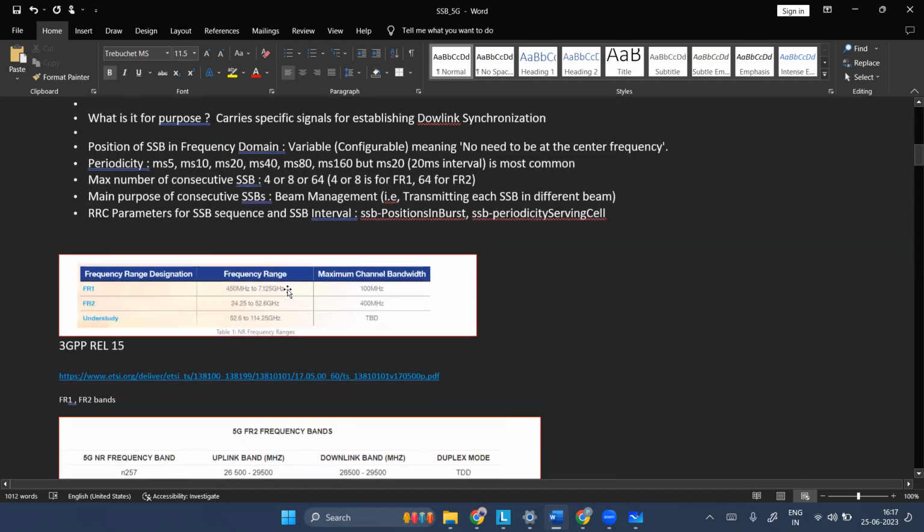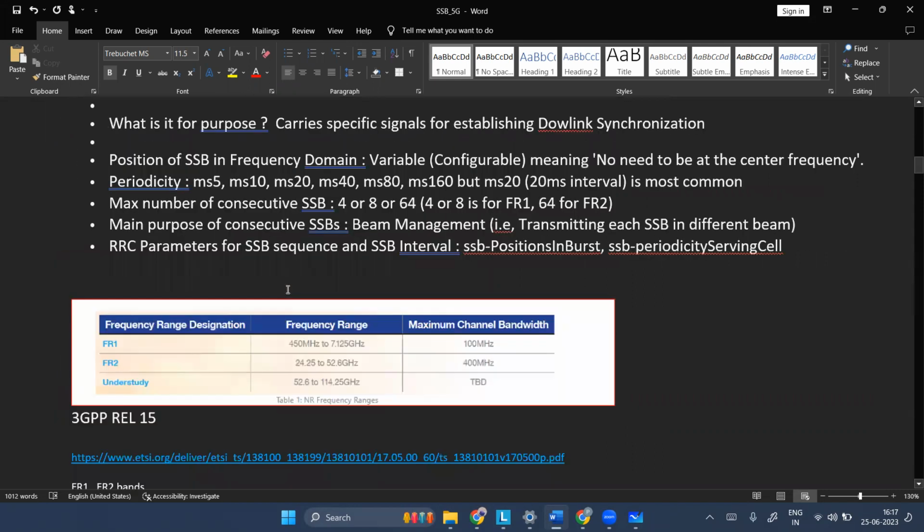So we talked about your FR1 and FR2, right? As per the 3GPP specifications, FR1 and FR2 are the frequency ranges. The FR1 frequency range is from 450 megahertz to 7.125 gigahertz. Previously it was 6 gigahertz, but later on 3GPP revised it, and now it is 7.125 gigahertz.